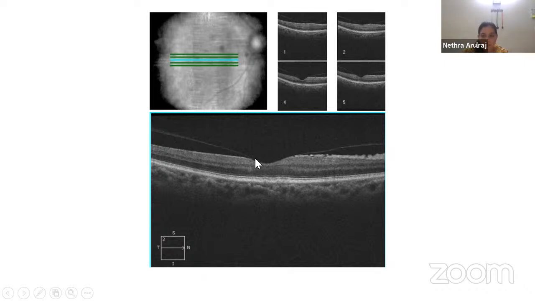Within the central 3 mm of the fovea, the attachment is still persisting. In a vitreomacular adhesion, there will not be any changes in the foveal contour, compared to vitreomacular traction, where there will be changes in the foveal contour. There's also an acute angle between the inner retinal surface and the posterior hyaloid, which will be seen both in VMA and in VMT. So because of this, this would be a VMA.